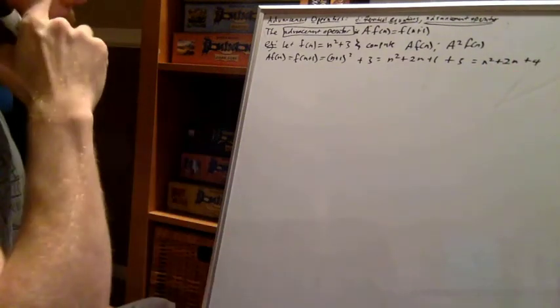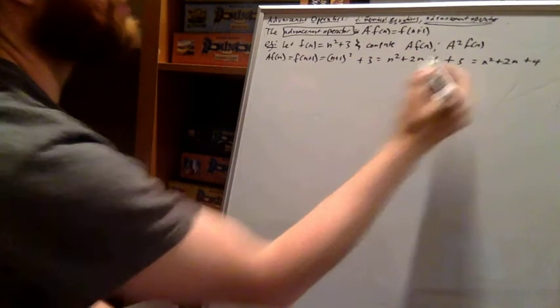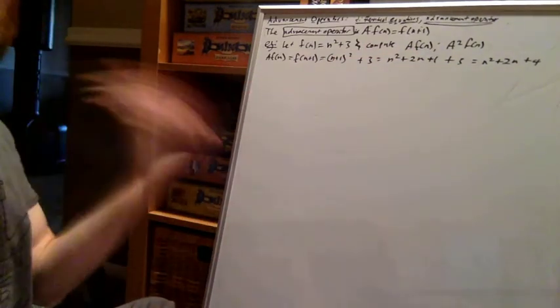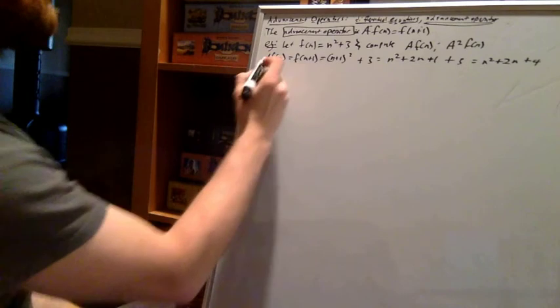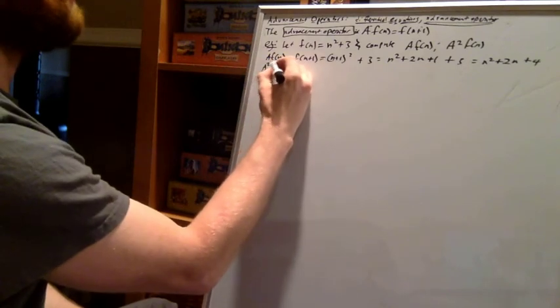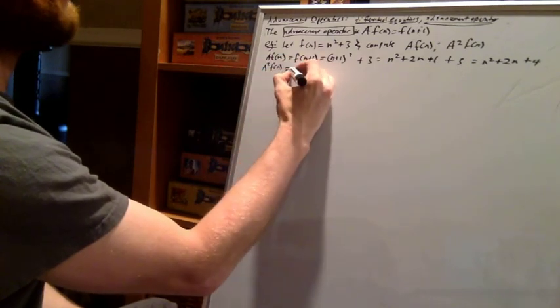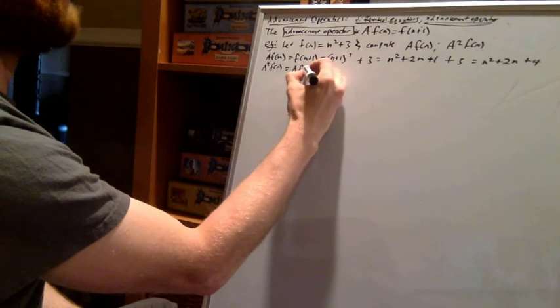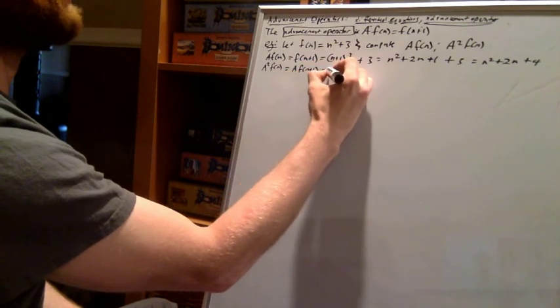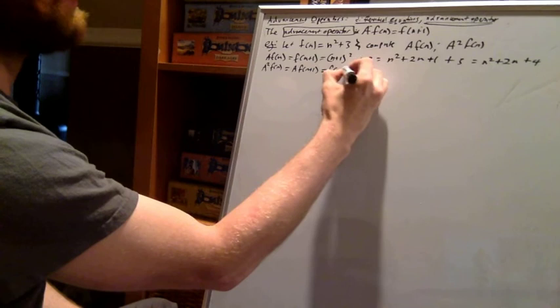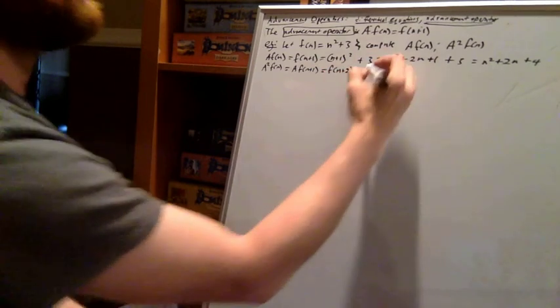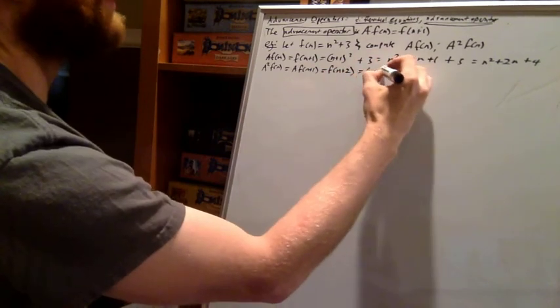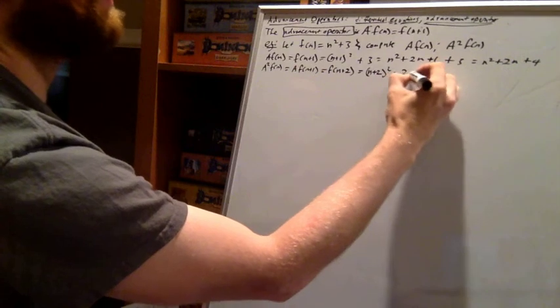So when I apply my advancement operator, it just means that I plug in the variable advanced by 1, incremented by 1. When I do A squared of f of n, that's going to be A of f of n plus 1, which is f of n plus 1 plus 1, or f of n plus 2, which is of course n plus 2 quantity squared plus 3.